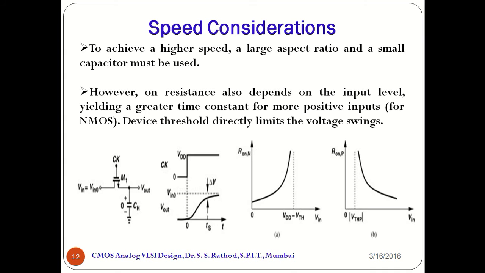For example, we say that the output settles to 0.1% accuracy after Ts seconds, meaning that delta V by Vin is equal to 0.1%. Thus, a speed specification must be accompanied with an accuracy specification. Note that after T is equal to Ts, we can consider the source and drain voltages to be approximately equal.